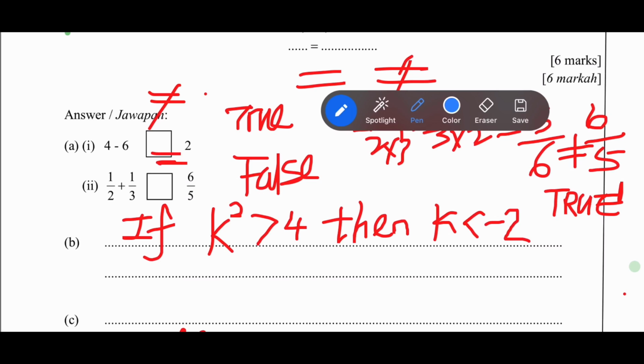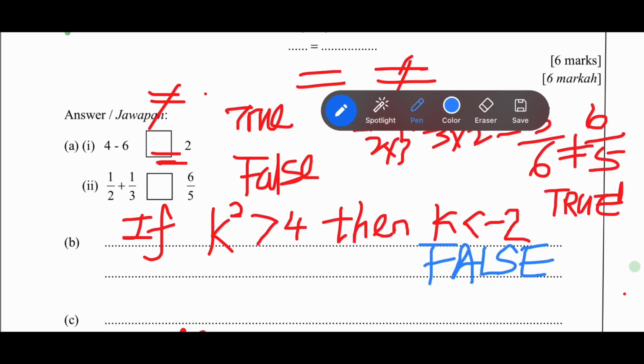It looks like true. But then, what about if k is more than negative 2? It can be k more than negative 2, right? Example, you have 3, which is more than negative 2. If I take 3 squared, I'm getting more than 4.